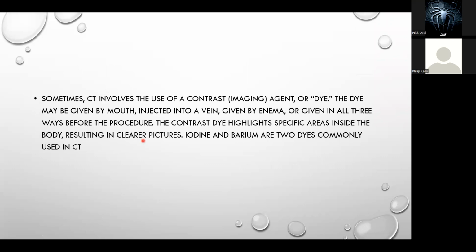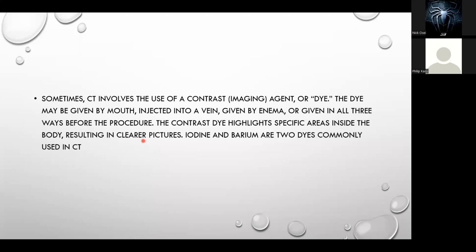Sometimes, depending on the structure we are studying, we give what we call a contrast medium. We can give it IV, orally, or as an enema, when we are studying hollow structures. For instance, if we suspect someone has duodenal atresia, you'd give a contrast dye for the person to swallow, more like a barium meal.